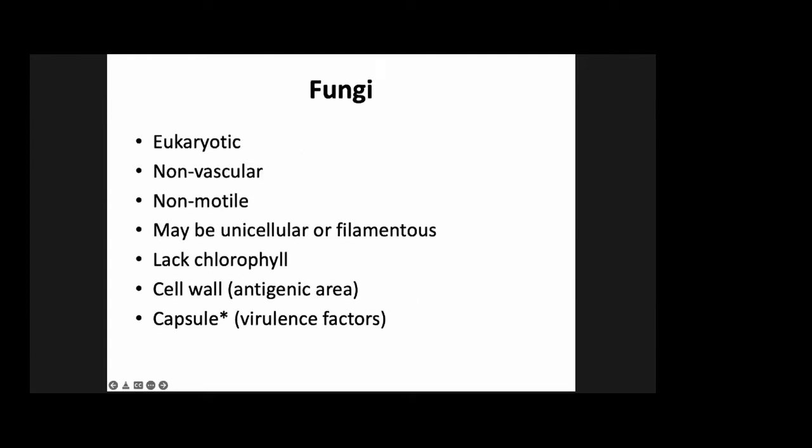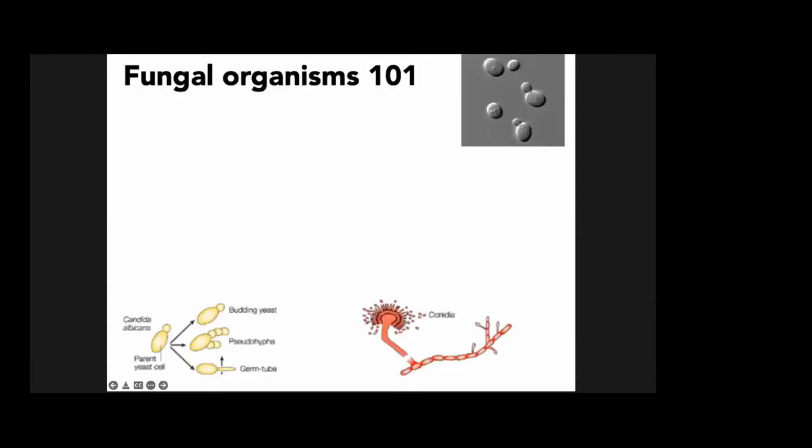So what are fungi? These are eukaryotic cells, non-vascular, they lack chlorophyll, so they cannot really do photosynthesis. The cell wall is the antigenic area of the fungi, and the capsule of some of them, like Cryptococcus, will be the main virulence factor. So how can we divide fungal organisms? They can be yeast, like the one in your superior right corner.